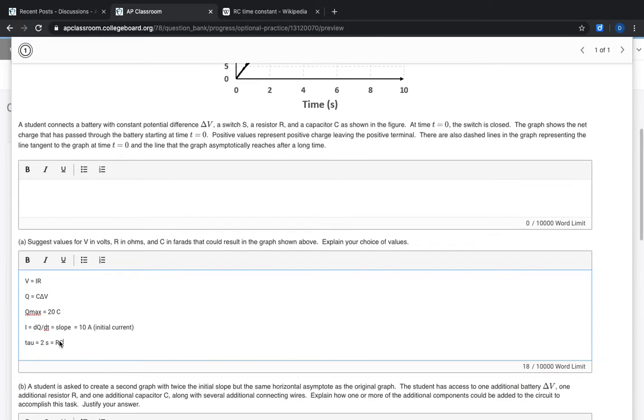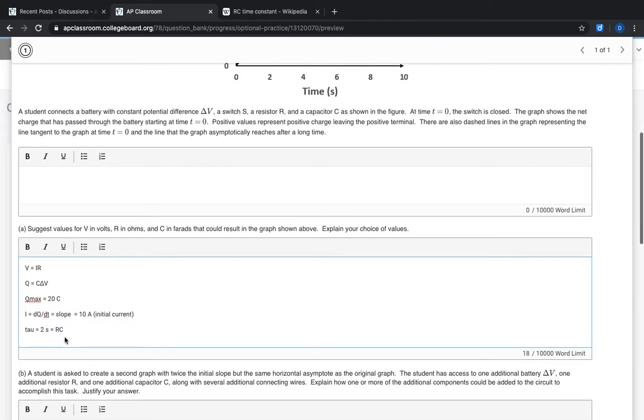Okay, so now what you can see is we have a few different equations that relate all of these things. We have the charge equals C delta V, we have voltage equals current times resistance. Now it says suggest values for these. And obviously, we're not able to get exact values unless we assume at least one value.